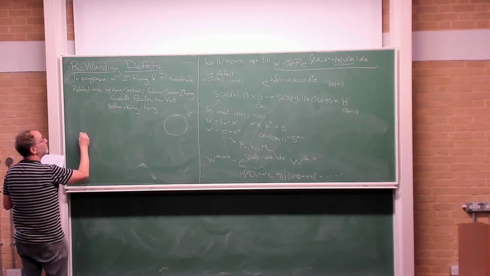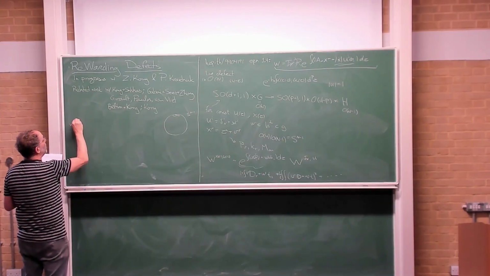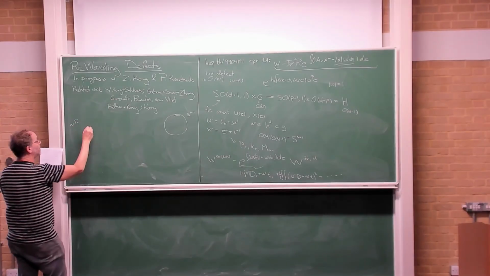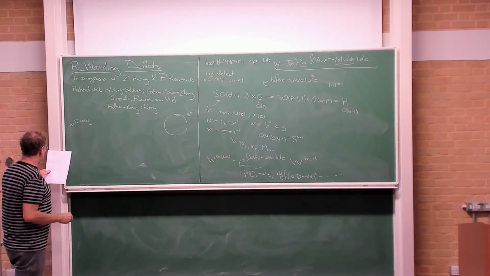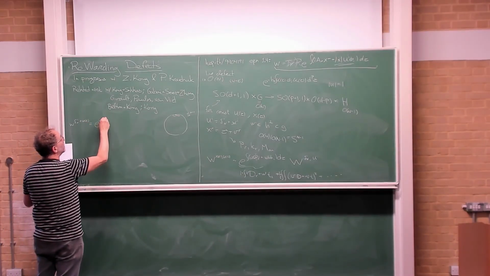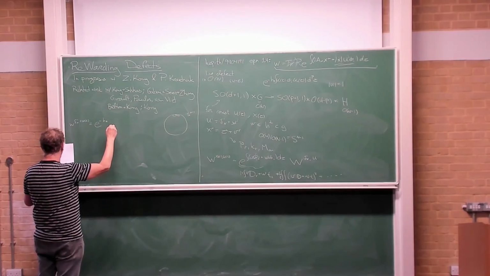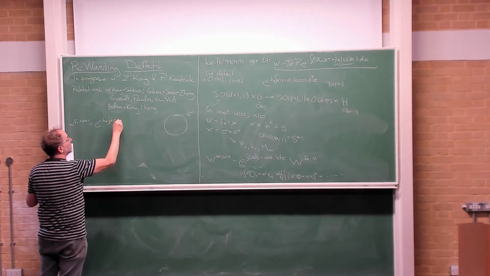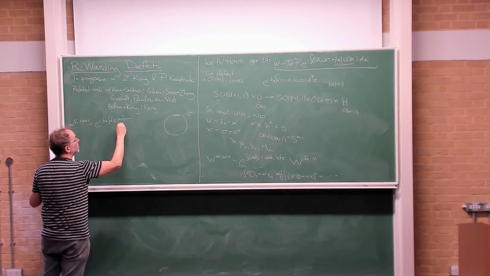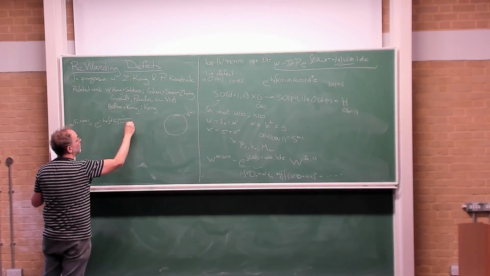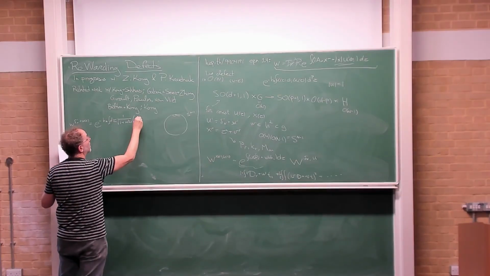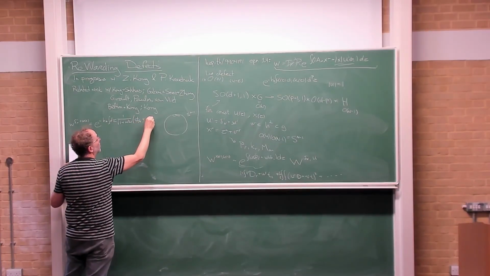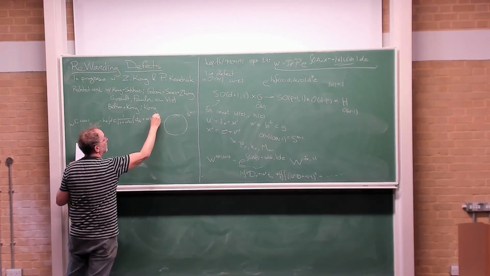I can take, for example, u at delta_in, the North Pole, plus w of tau. I can take this to be e to the minus h star integral d tau, 1 over square root of 1 plus w of tau squared, n plus w^i phi_i.